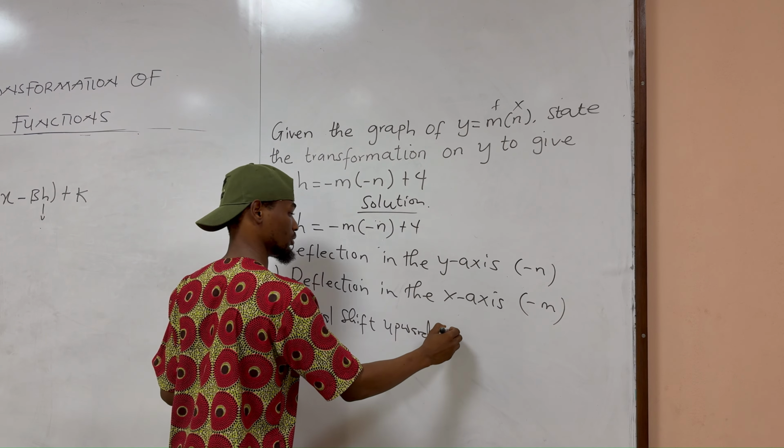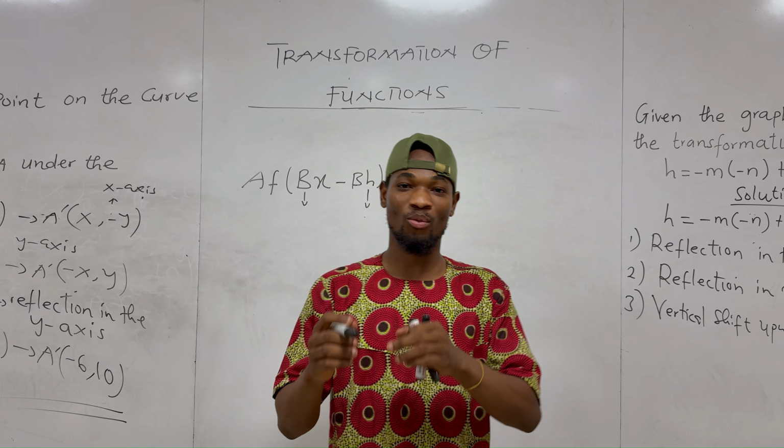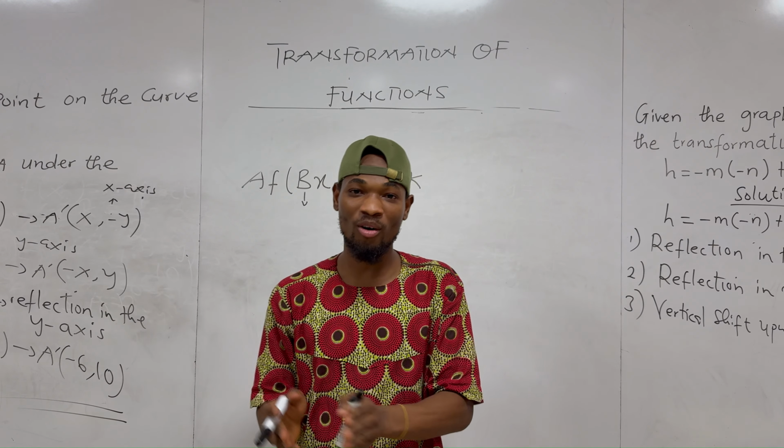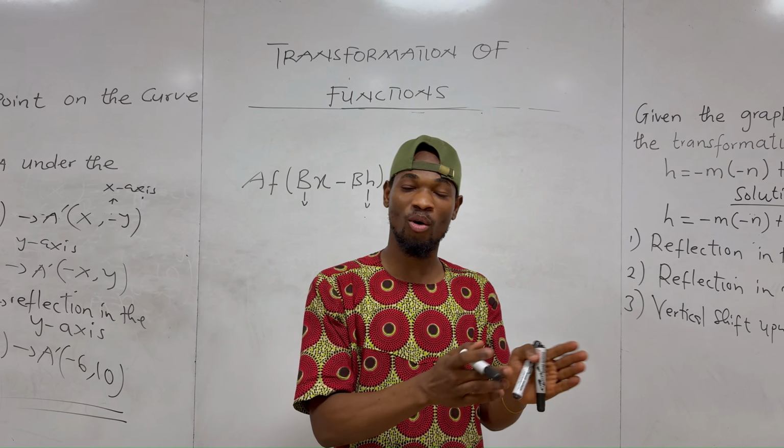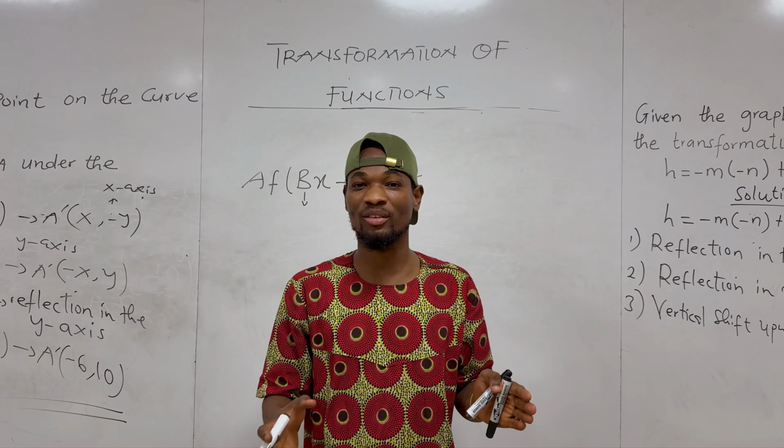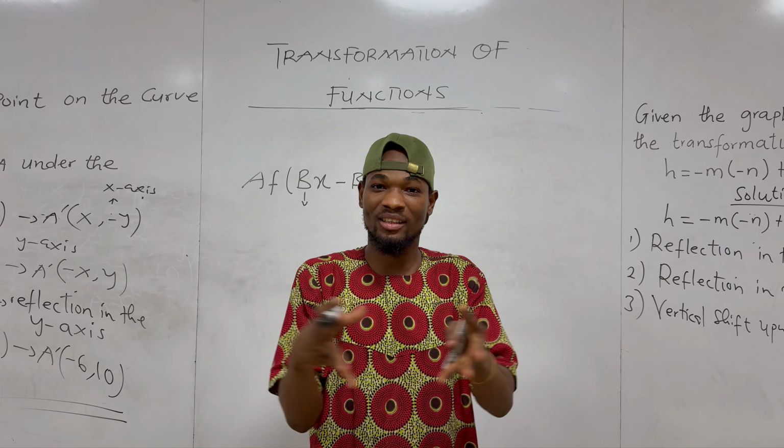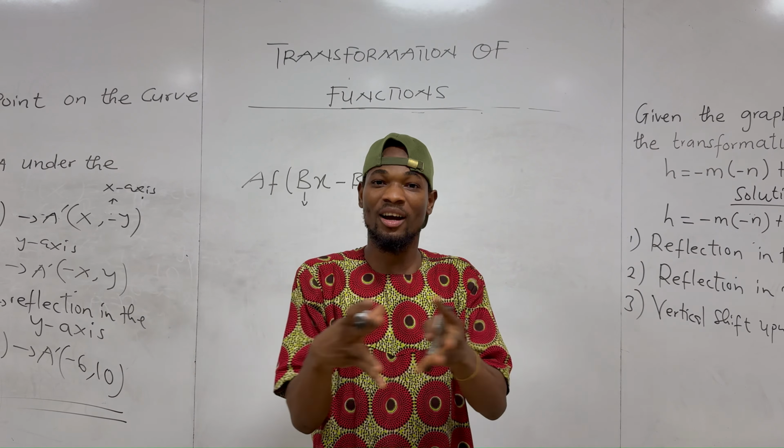All right, students, subscribers, viewers, we've considered transformation of functions, where we laid emphasis on the horizontal component and the vertical. This time around, we are going to mix up horizontal and vertical.